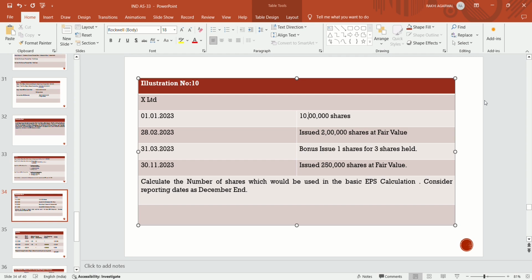On 31st March 2023, they issued bonus shares, one share for every 3 shares held, meaning for every 3 existing shares, they will get 1 share. On 30 November 2023, they issued another 2,50,000 shares at fair value. Calculate the number of shares which would be used in the basic EPS calculation. Consider the reporting date as December end.